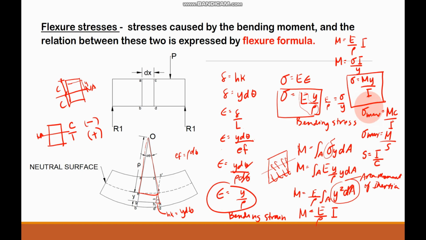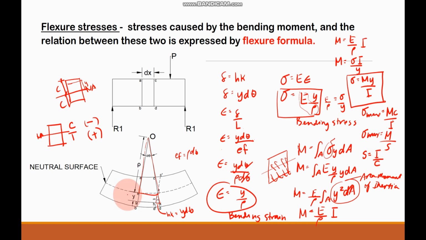So again, this is now the flexure stress, in which the flexure stress is equal to the bending moment multiplied by the distance from the neutral axis to a certain fiber all over the moment of inertia. And then the maximum flexural stress can be found at the outermost fiber, considering it as our C. And also the section modulus is denoted by S, in which it is equal to moment of inertia all over the distance from the neutral axis to the outermost fiber.